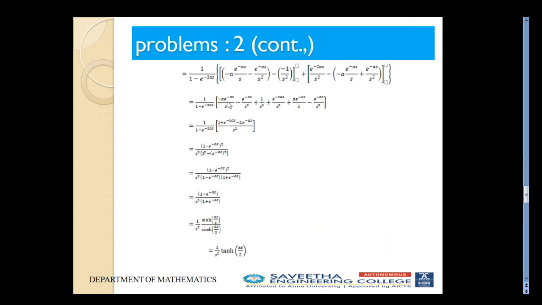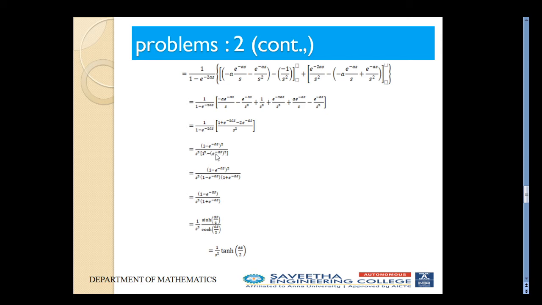Then after further simplification, take the LCM overall, we get s square, 1 plus e power minus 2as minus 2 e power minus as, and this can be written as 1 minus e power minus as, whole square. It is of the form a square plus b square minus 2ab. So the denominator term can also be written as 1 square minus e power minus as whole square.